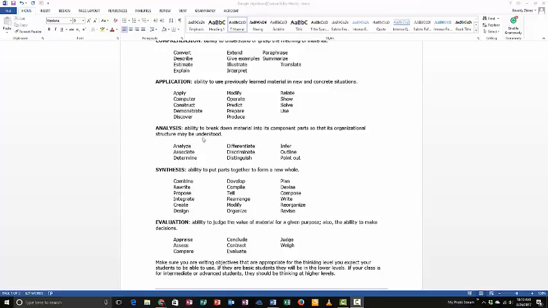The officer is working in the analysis level. He's doing his 360 around the building, looking at what he's got and making decisions about what tactics he wants to use to operate here. That's analysis. Synthesis and analysis are close together. Synthesis is the ability to put parts together to form a new whole.